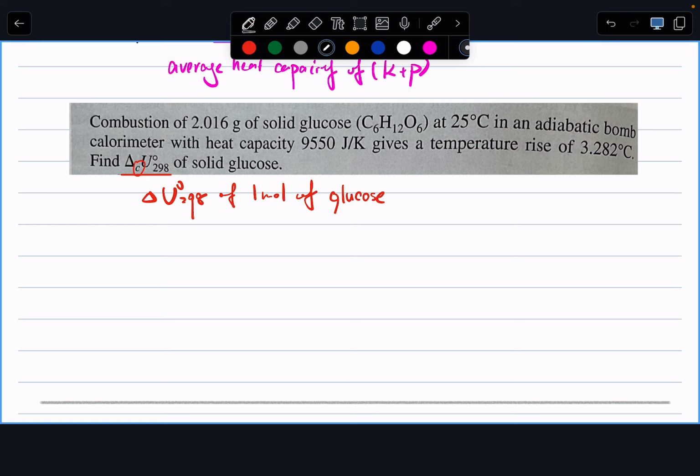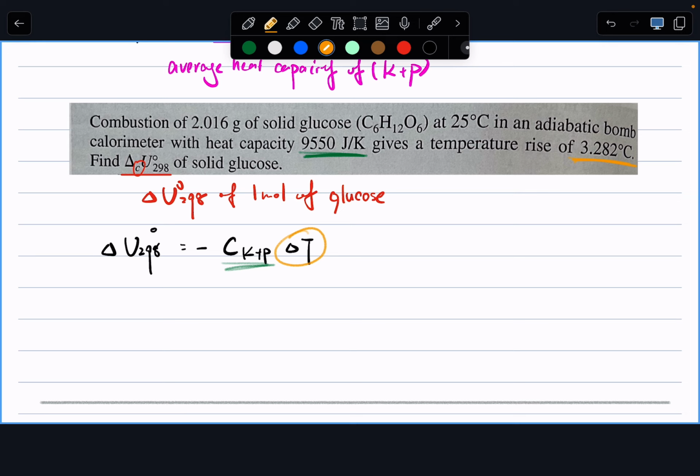So this question then becomes a pretty straightforward one. First, we can calculate the standard delta U 298 equals to negative C K plus P delta T, which is just plugging numbers. So my C K plus P is given here. My delta T is given here.